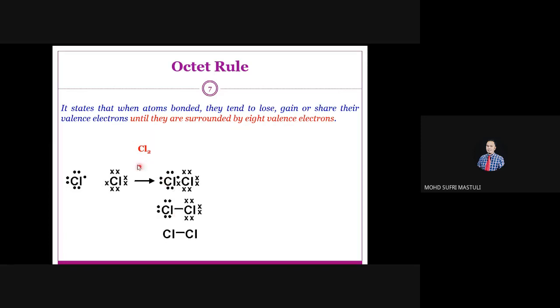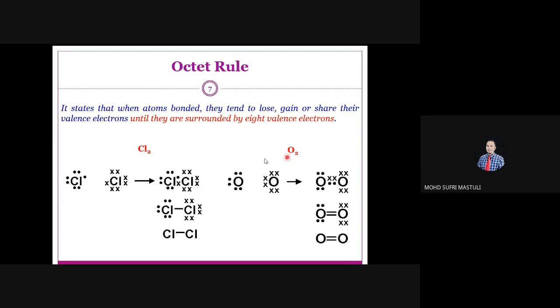However, for this particular example, Cl2, it is only a single bond because it only shares one valence electron from each chlorine in order to achieve the octet rule of 8 valence electrons. So we can draw the distribution of valence electrons around the chlorine like this, or another representation like this, Cl single bond with Cl.